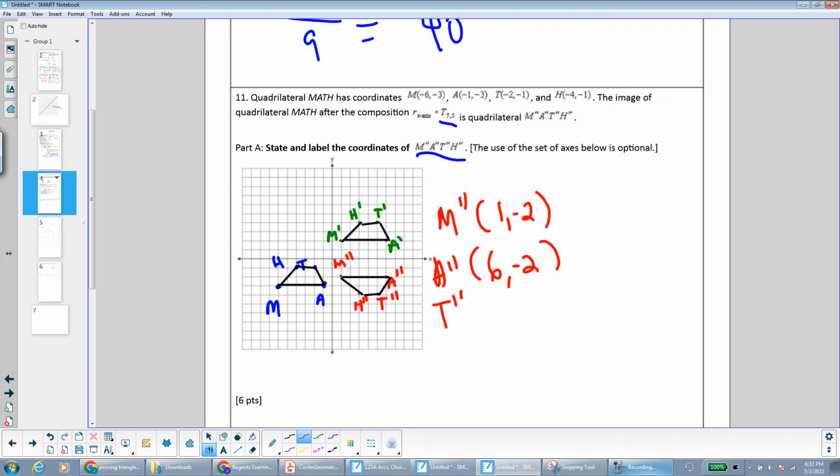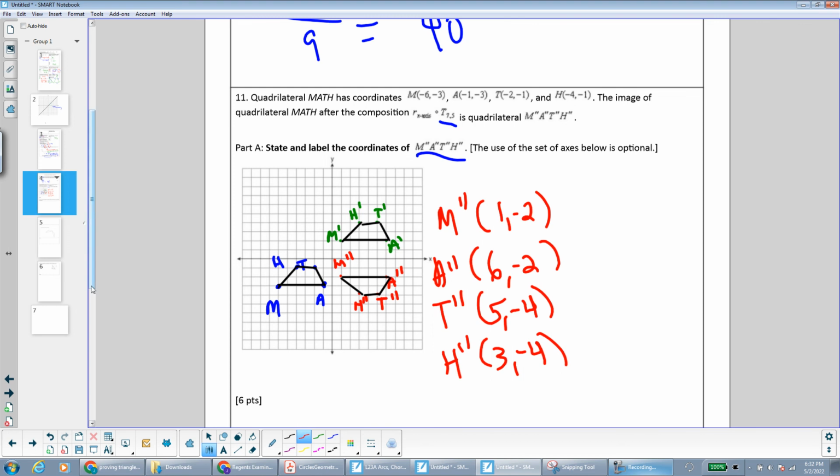T double prime is (5, -4). And H double prime is (3, -4). And there we have it.